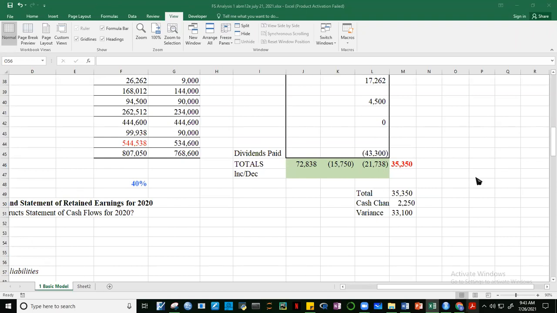Carl, kindly post your question kasi importante yung question mo, no? Okay, kindly share your question to your classmates. Say that's a very important question. Thank you for that question. Okay, ang question ni Carl, hindi na po ba isa-subtract yung dividends from the previous year? Hindi na, Carl. Kasi yung dividends of the previous year, that will be included in the cash flow statement of the previous year.